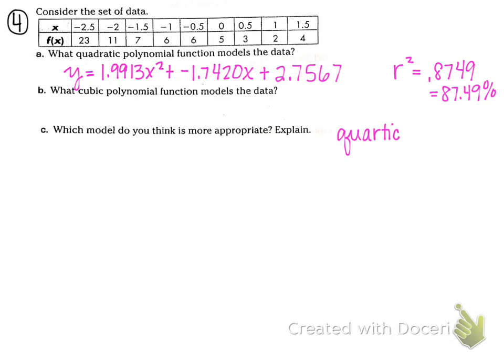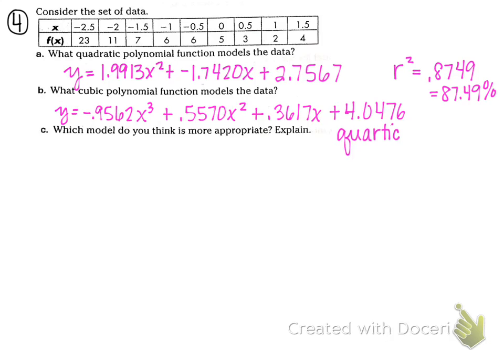Now our cubic model is negative 0.9562 x cubed plus 0.5569, so let's do 0.5570 x squared plus 0.3617 x, and then plus 4.0476.